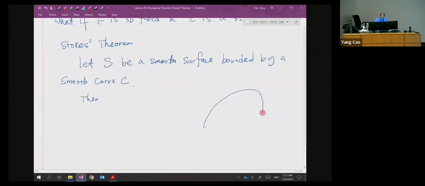So let's say you have a surface in 3D space, and this surface is bounded by curve C. Technically, this surface shouldn't be a closed surface, because when surface S is closed, guess what happens to the curve C?